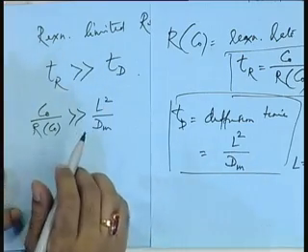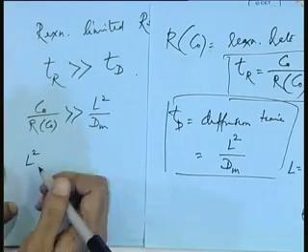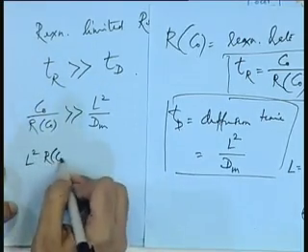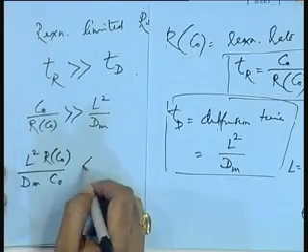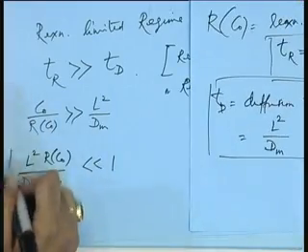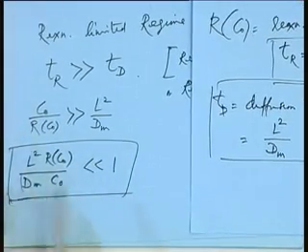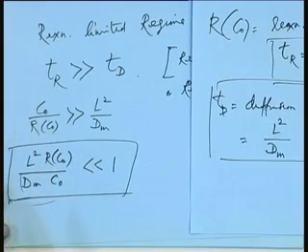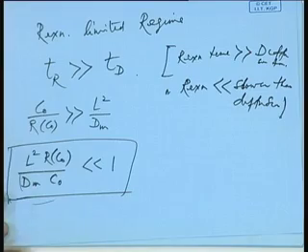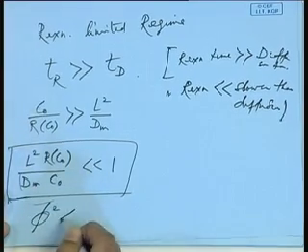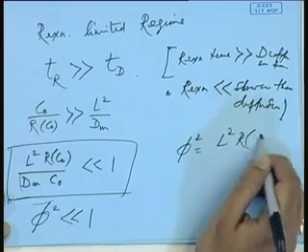Okay, fine. So, which means L square R of C naught over D_m C naught is much less than 1, right? What is this? Do any of you know what this is? This is phi square. So, phi square equals L square R of C naught over D_m C naught.